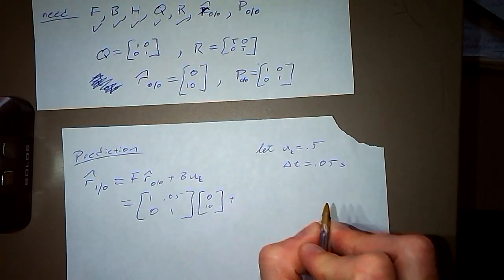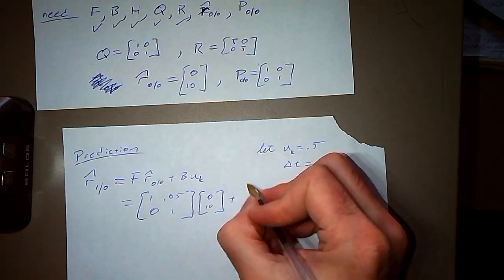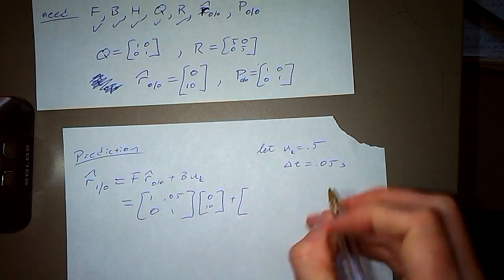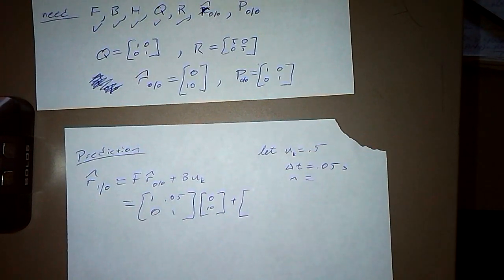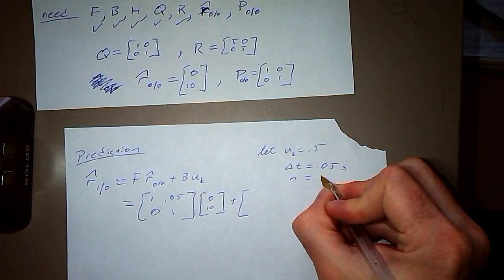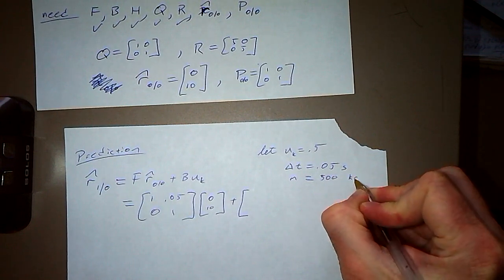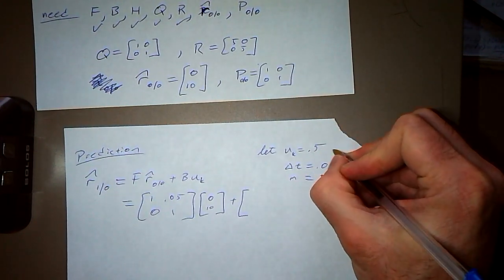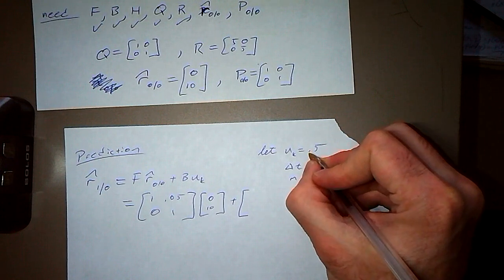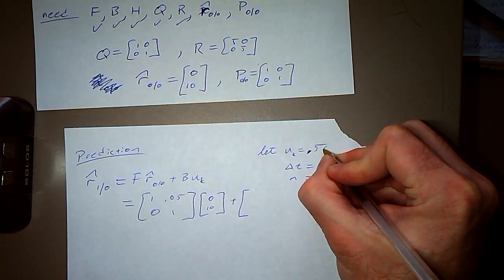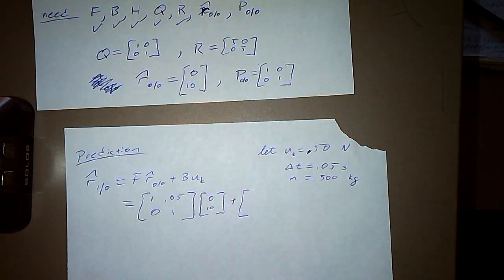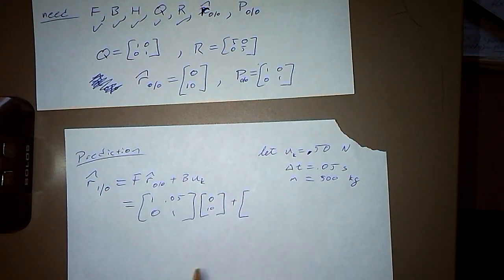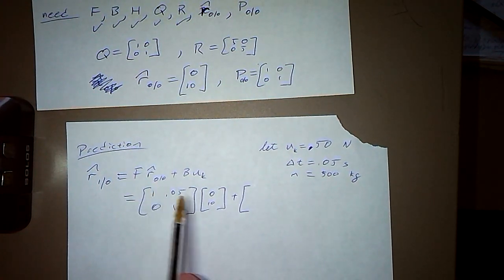And then B, and the mass of the train, we'll say it's 500 kilograms. And this is, I should make this something bigger. So we'll say this is 50 newtons. It's not very much. Where were we? Okay, so now we've got F times our previous state estimate.